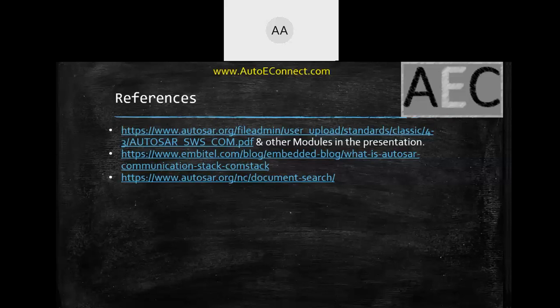For each of these modules, you will have the AUTOSAR related SWS and SRS documents, as well as the stack supplier's documents. If you are buying the stack from any of the stack suppliers, they will also have their internal module related guidelines or manuals. You can go through them, and then you will have to decide, based on the system, what the actual requirement of your system is.